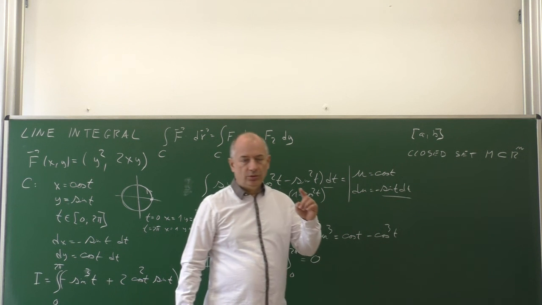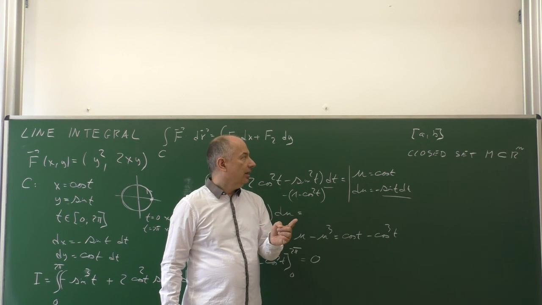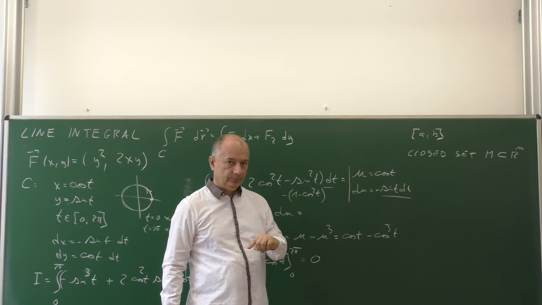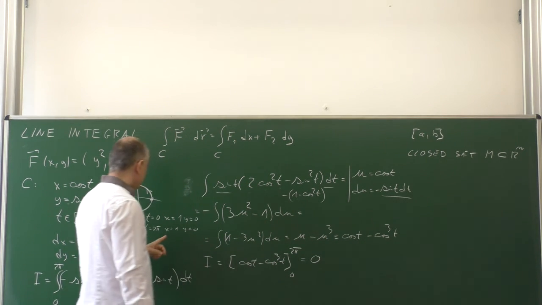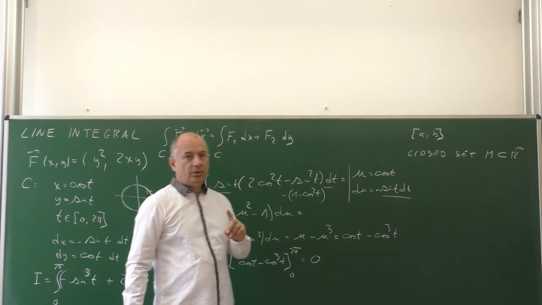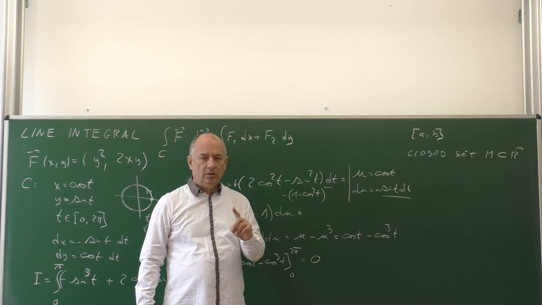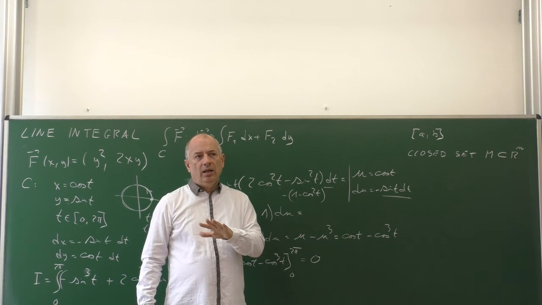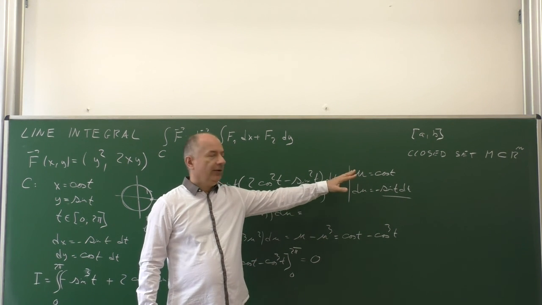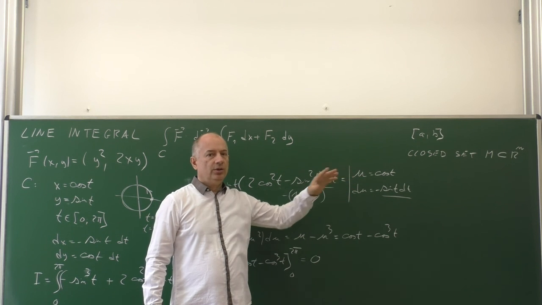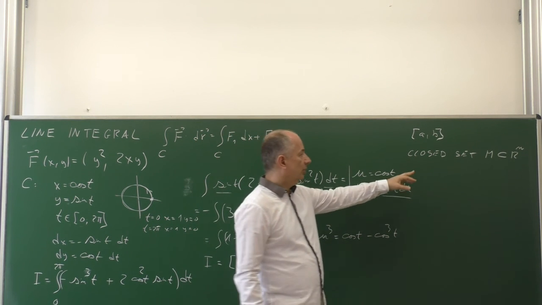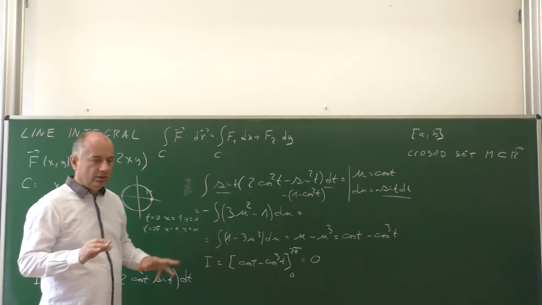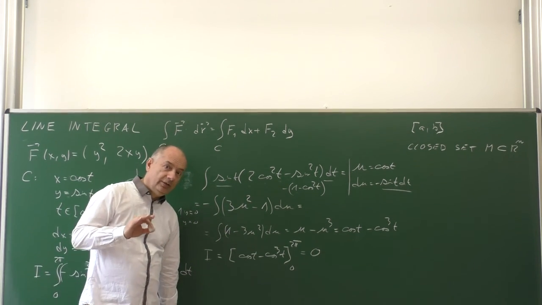A closed set is a set for which the complement is open. But here, when we say this curve is closed, which happens to be closed in R2, this is a different meaning than a closed set in the sense that the complement is open. So not to be confused, the term closed is used in different meaning.